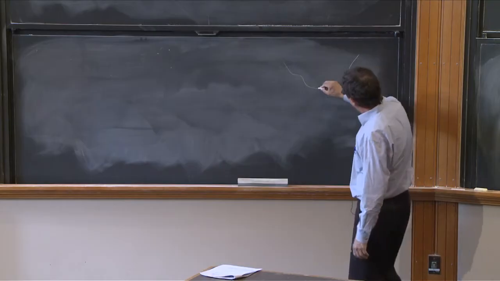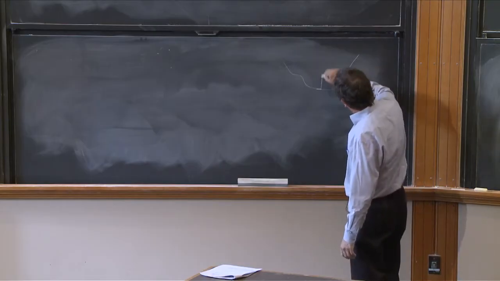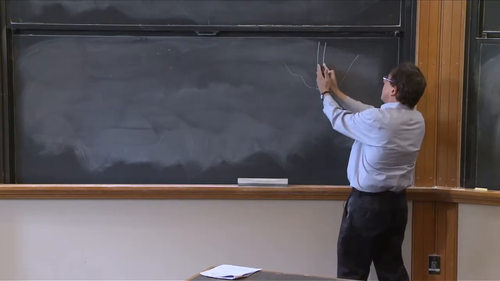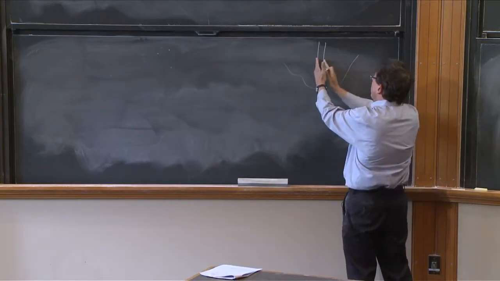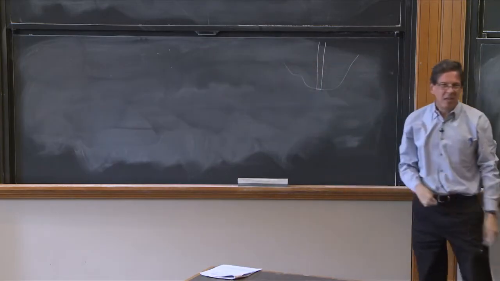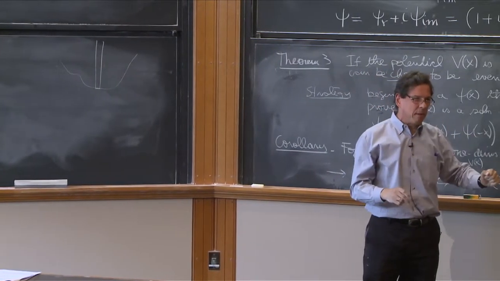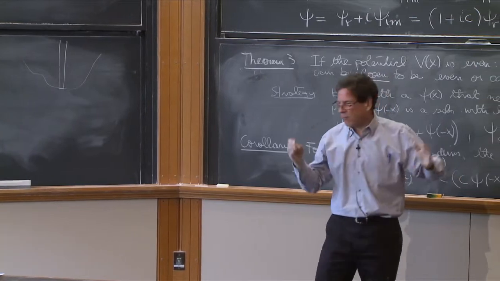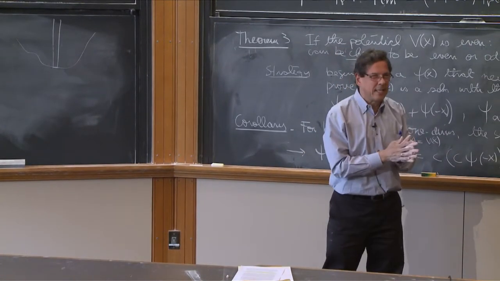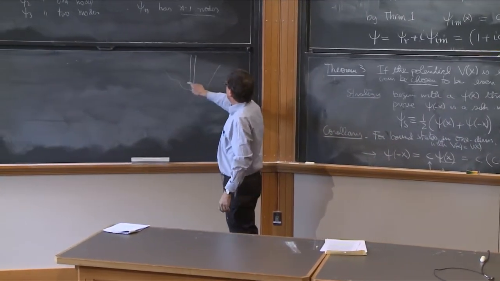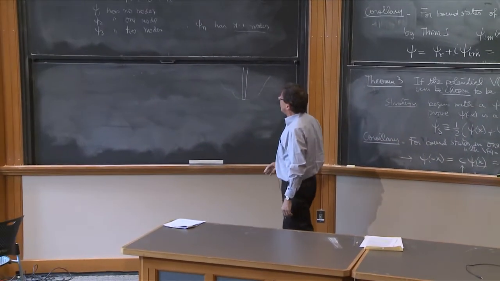Well, think of it as first being a little potential like that, an infinite square well, and you start making the window of the square well bigger. It's a neat argument. Maybe you can discuss it in recitation. It's a good argument, but it's not rigorous. But still, one can do something like that.